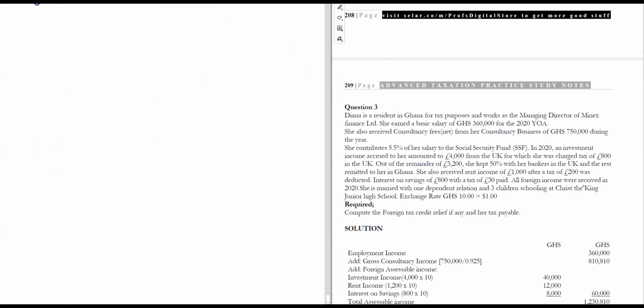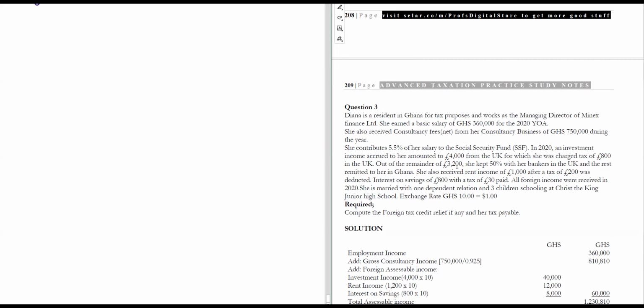So let's solve. It says Diana is a resident in Ghana for tax purposes and works as the managing director of Minex Finance Limited. She earned a basic salary of 360,000 for the year 2020, and she also received consultancy fees from a consultancy business of 750,000 during the year. So she has business income and employment income. She contributes 5.5% of her salary to the Social Security Fund.